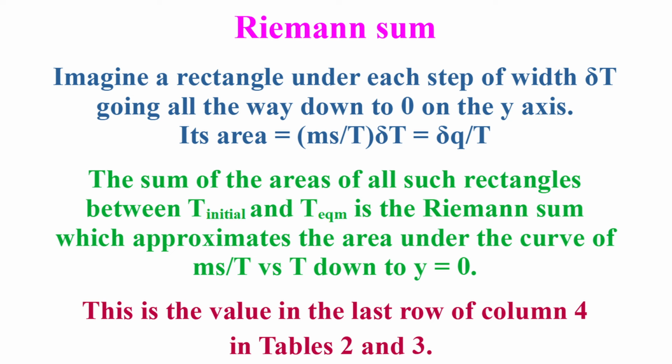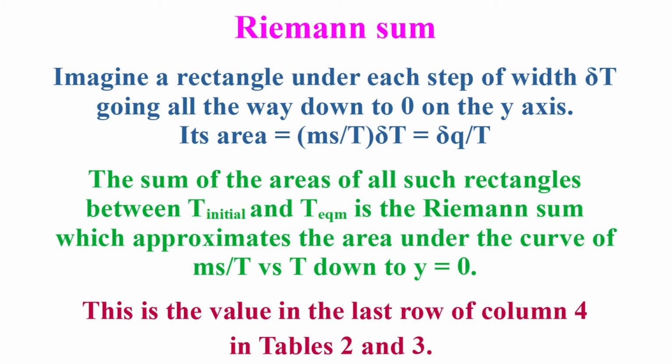Since ms del t equals del q, this area is equal to del q over t, which is the mysterious ratio for the given stage. The sum of the areas of all such rectangles between the initial temperature and the equilibrium temperature is approximately equal to the area under the curve of ms over t versus t.